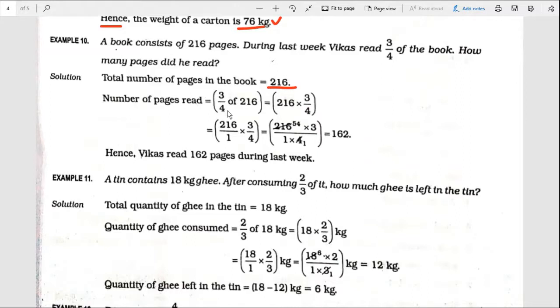Number of pages read is 3 by 4 of 216. 4 5s are 20 and 4 6s are 24, so 54 into 3, it means 162. The product of 54 and 3 is 162. So hence Vikas read 162 pages during last week.